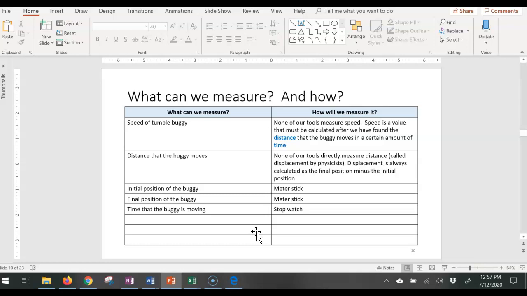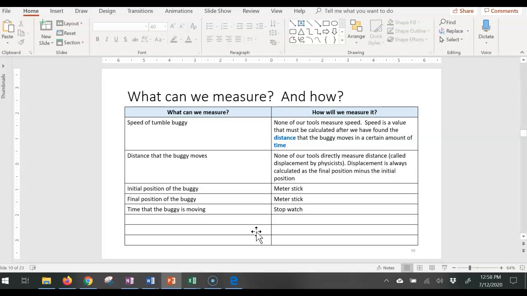And so I'm getting closer to an understanding of what we can measure. It started out that I really wanted to know the speed, but I realized when I thought about it, that's a calculated measurement, and it really depends on distance and time.